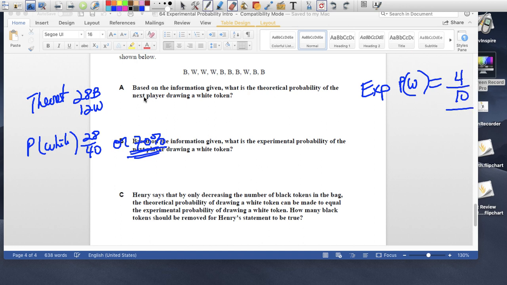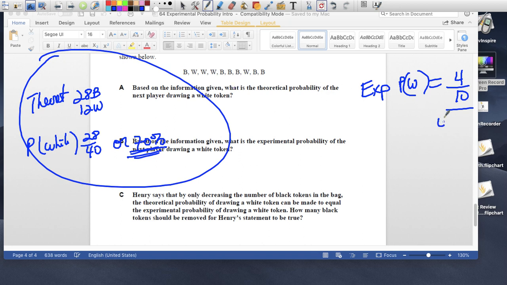So how do I make this over here also be 4 out of 10, which is 40%? So somehow I gotta change my theoretical to 40%. And he's saying that he should be removing black tokens. Yes, and we had 28 black and 12 white.